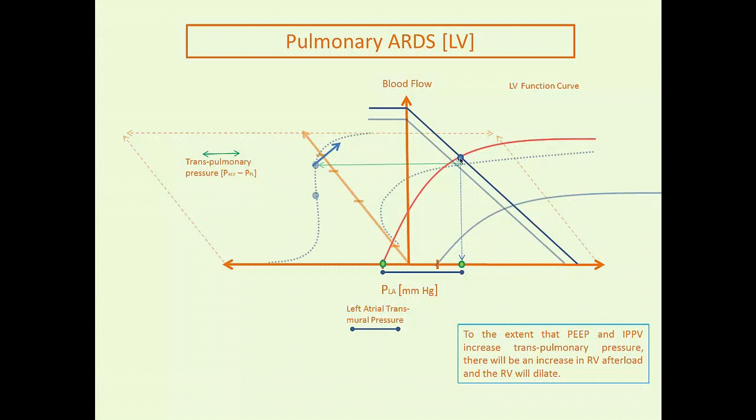Now, to the extent that intrathoracic pressure increases and mitigates left ventricular afterload, you may counteract some of that effect, but it's hard to know. In patients with underlying normal LV, as I've illustrated in this graphic, the afterload effects would tend to be less pronounced, and it would be more of this diastolic ventricular interdependence effects.